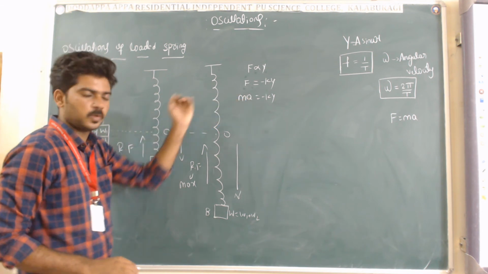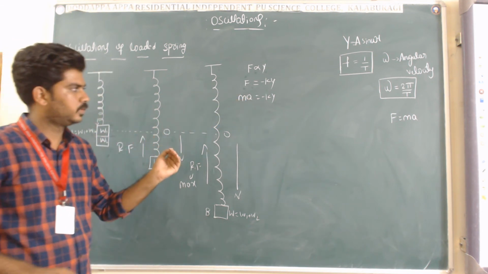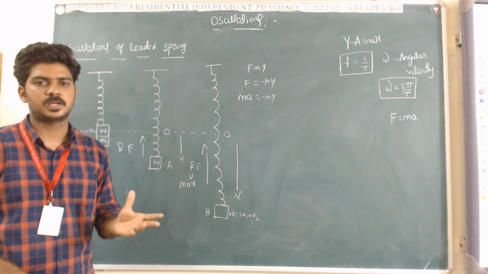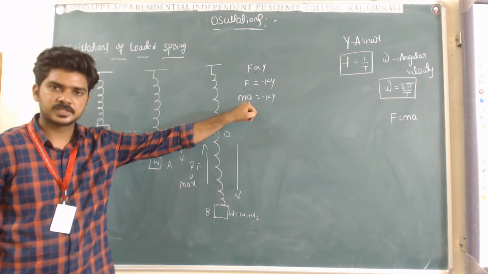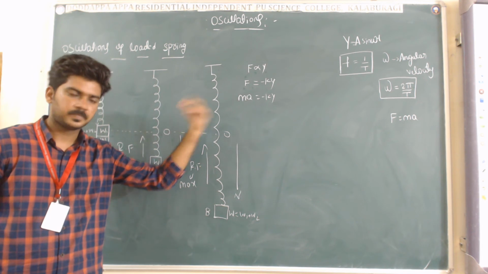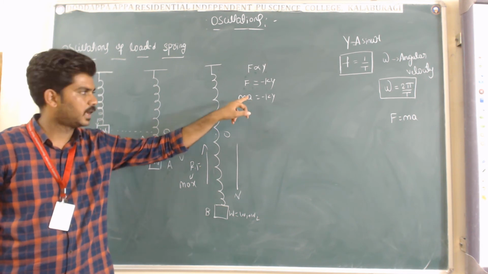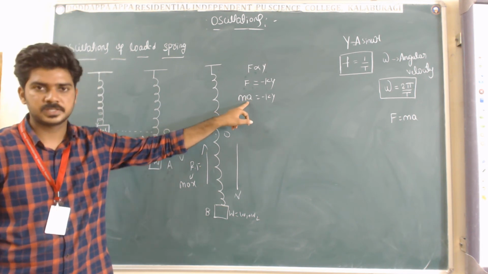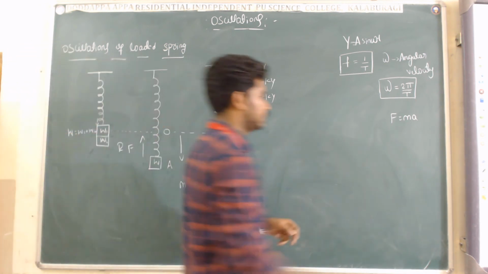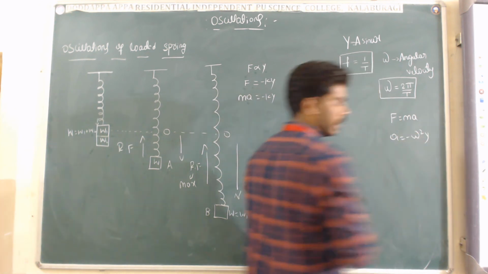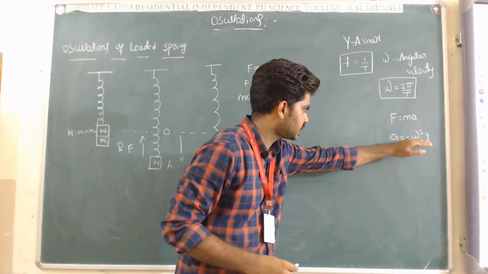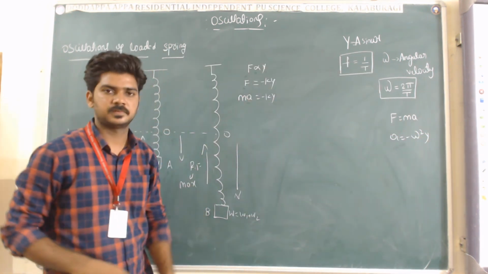Whenever the body is executing SHM, we have derived two main quantities, velocity and acceleration. In the last class we got the expression for acceleration. What was it? a equals minus omega square y.